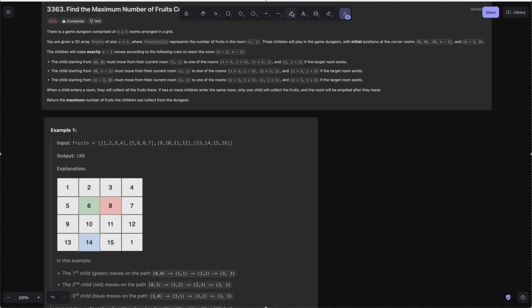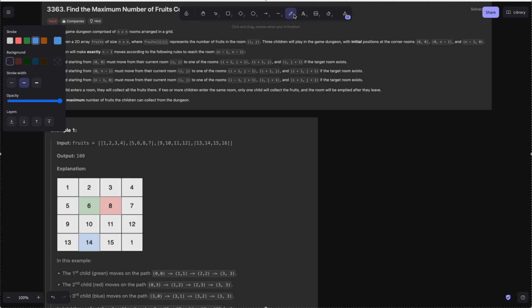So it is clear for the first child, from 0 to n minus 1, these are the moves we want to make for the rows and for columns as well. And there are exactly n minus 1 moves for him.